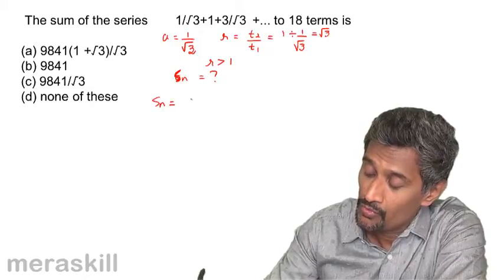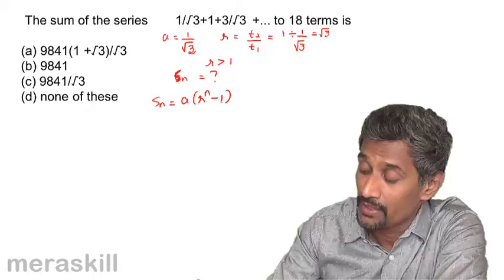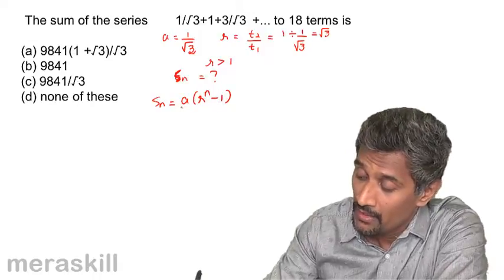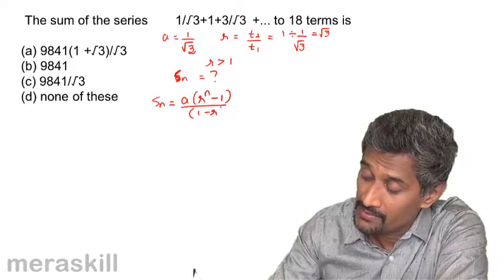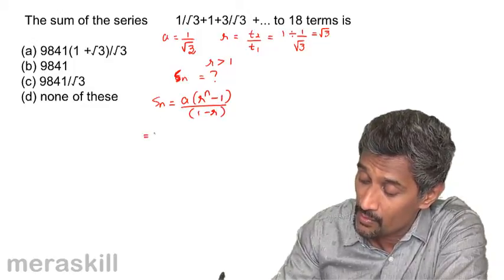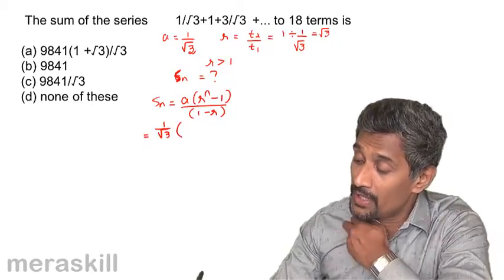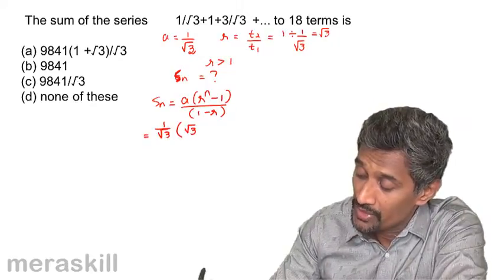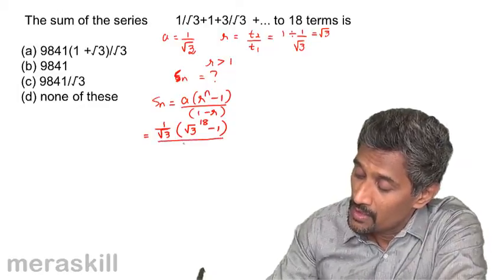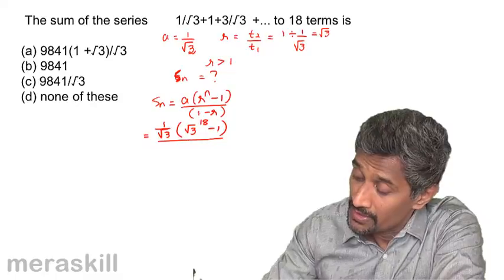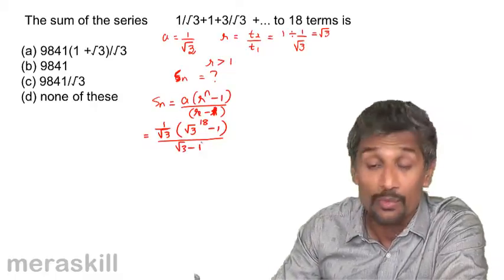Sn we know we shall be using a into r raised to n minus 1, not 1 minus r raised to n, because r is greater than 1, upon r minus 1. So a in this case is 1 upon root 3. R raised to n minus 1 is root 3 raised to 18 minus 1, upon root 3 minus 1.